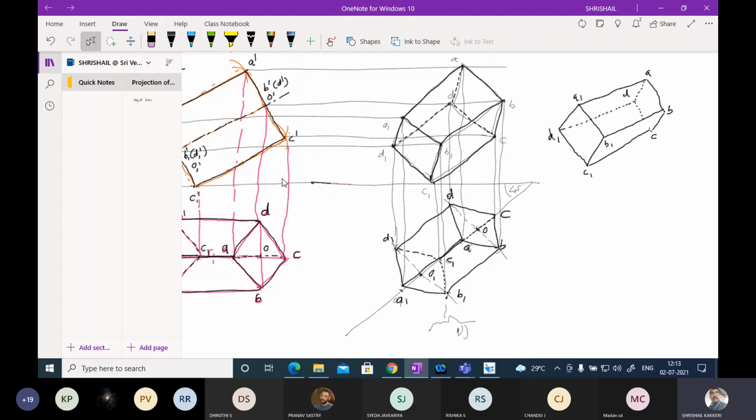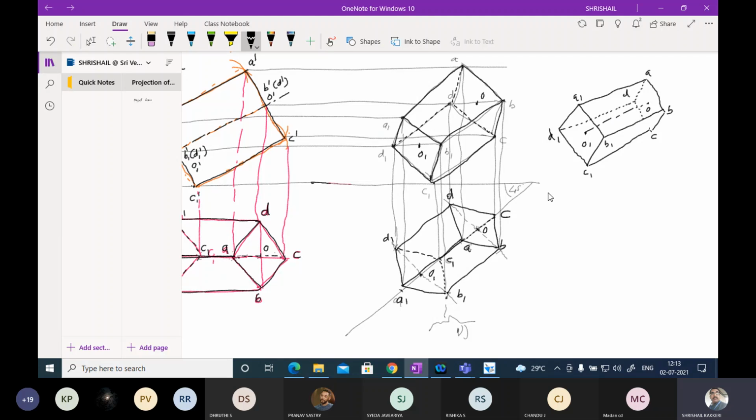And another thing you have to do: O and O. This will be point O, O1. And from the top, O and this O. This will be point O. Okay. O and O1 also you have to show. O1 and O, and this also has been joined.